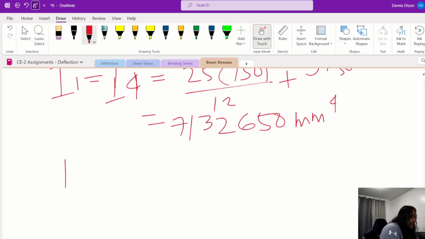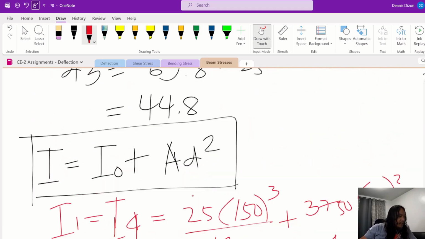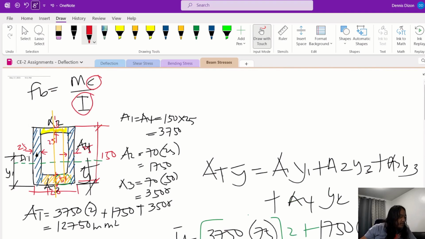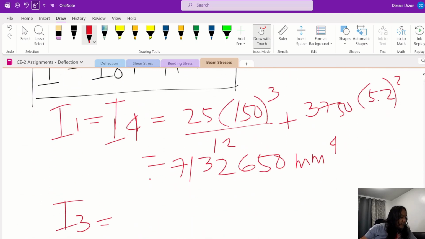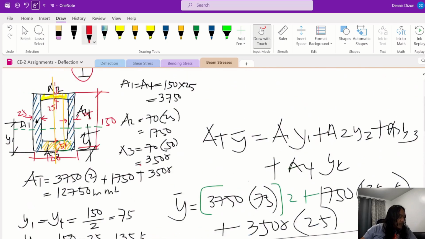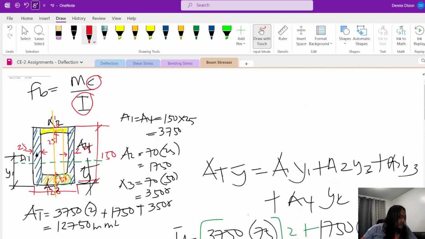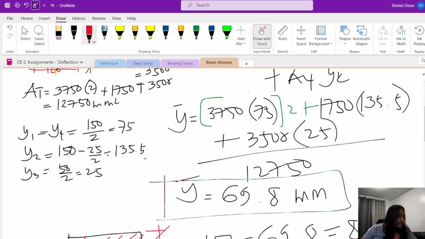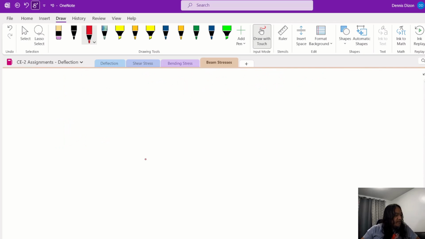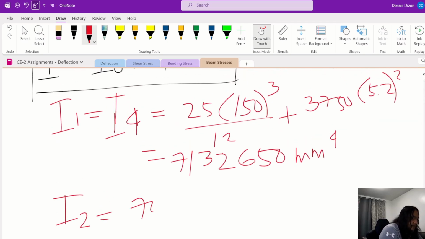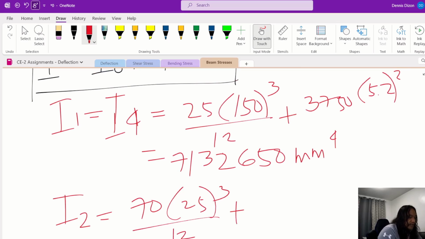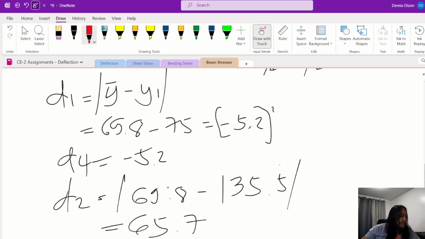And then we now have I2 first. So I2 is 120 minus 50, that is 70. Our b is 70 and h is 25, so 70 times 25 cube over 12, plus area, which is 70 times 25.